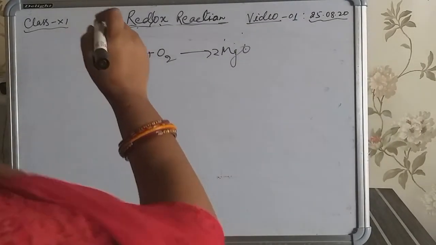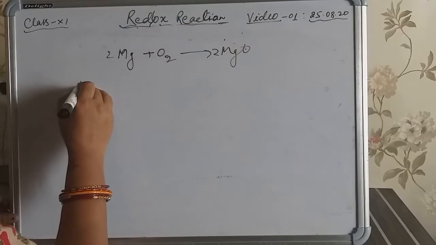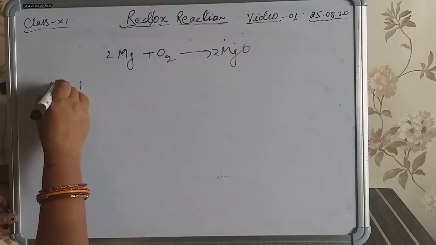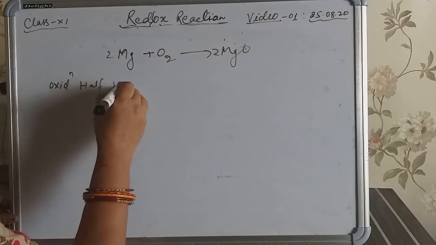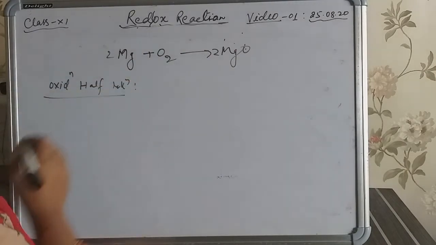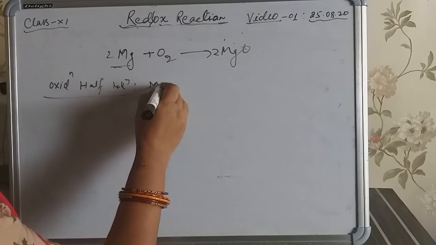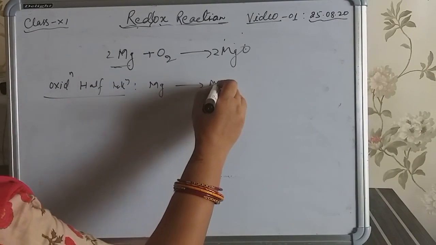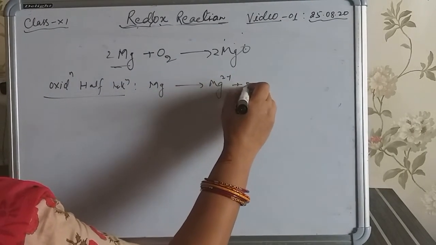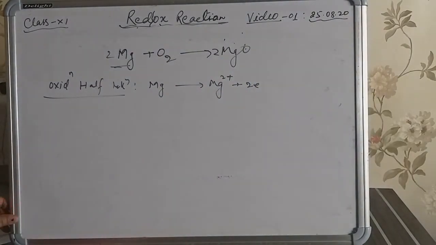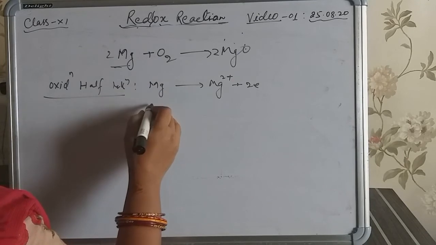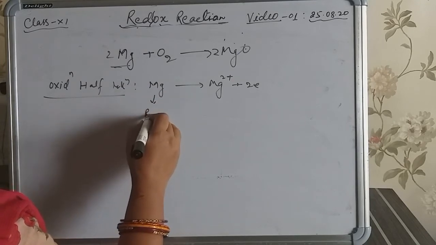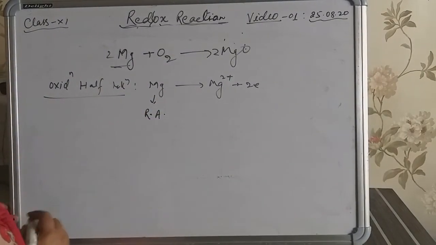At first write down the oxidation half reaction: magnesium changes to magnesium ion by losing 2 electrons. Here magnesium loses electrons, so magnesium is a reducing agent.